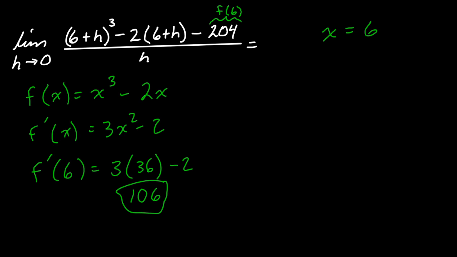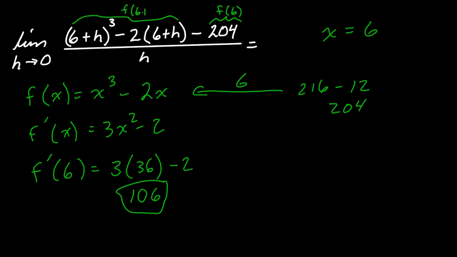And that means if we put 6 into that function, you would get 6 cubed, which is 216, minus 2 times 6, which is 12. That's the 204. That's where this value came from. So this part right here is f of 6 plus h, and the other part is f of 6.